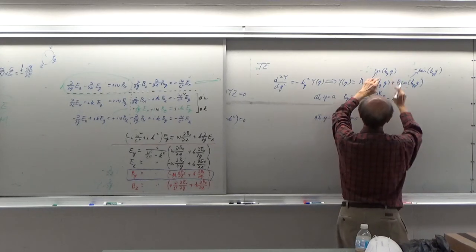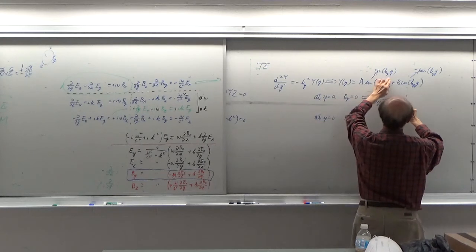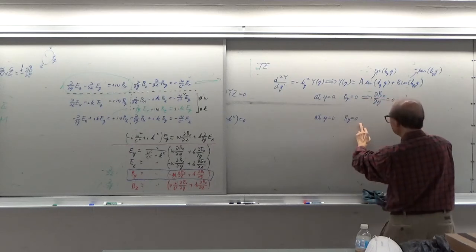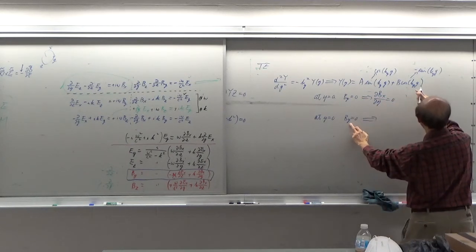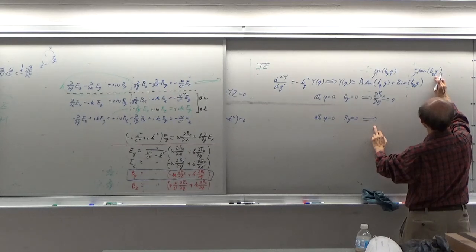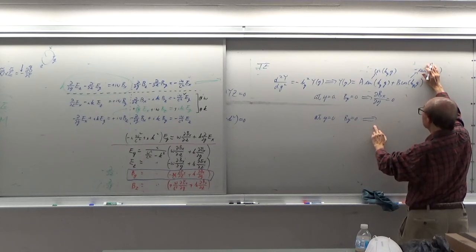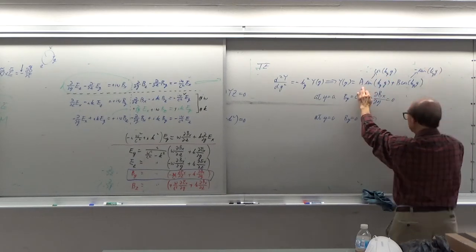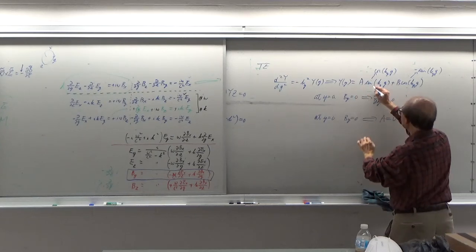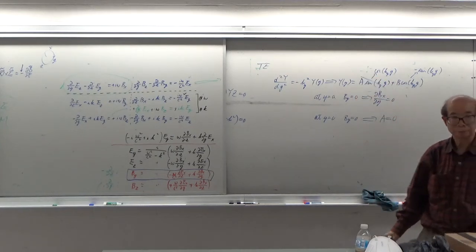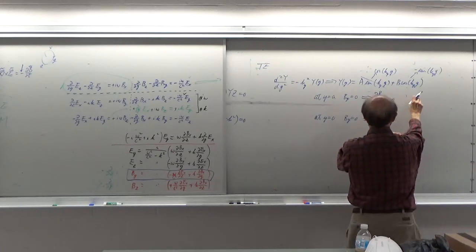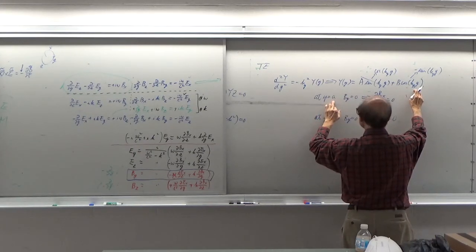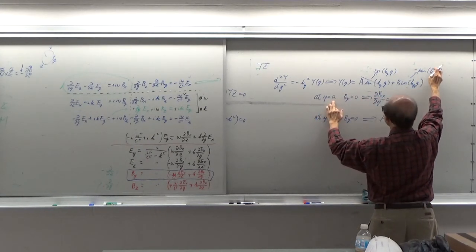It's 0 at y equals a, and at y equals 0, let me do this first. If y equals 0, the sine is 0, but the cosine coefficient is a constant, not 0, and it's multiplied by the sine, so the whole thing is 0. So right away I come to the conclusion that this term is not there. Next, at y equals a, this has to be 0.